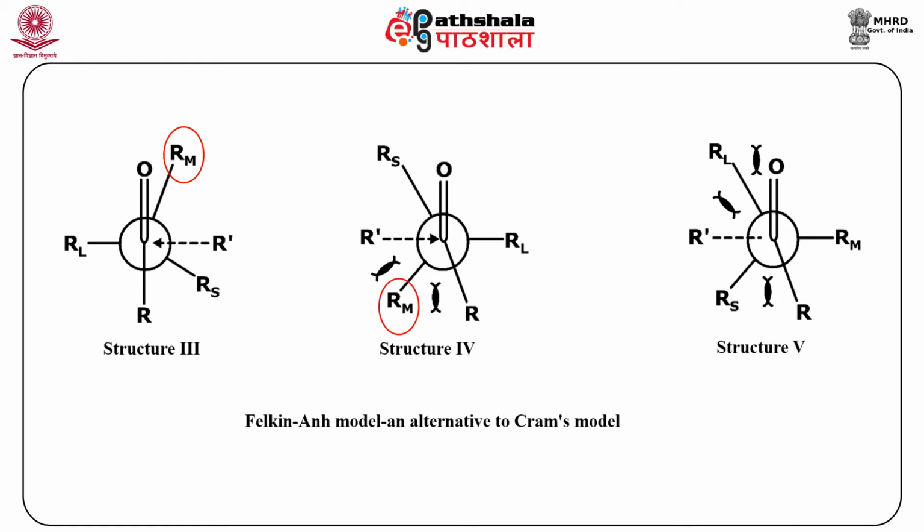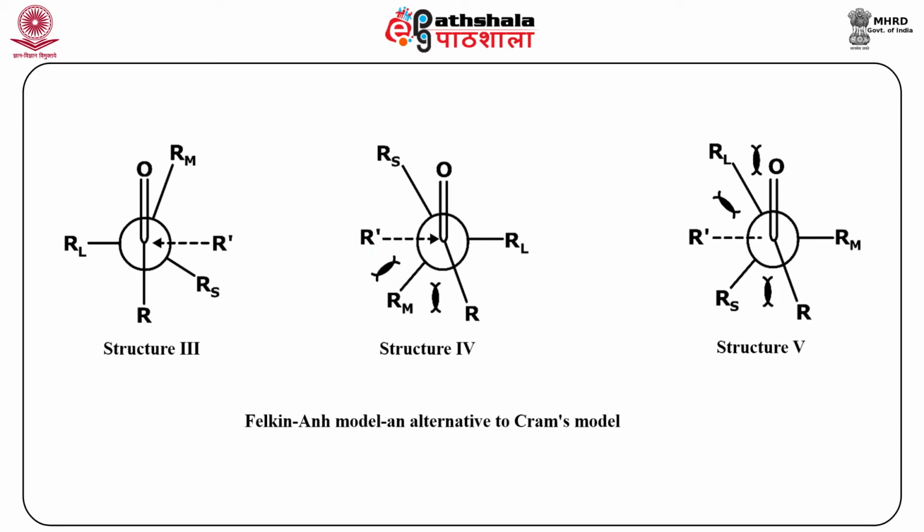Between the two, the first, with medium sized RM opposing the carbonyl group and RS gauche to R', is usually preferred. The non-bonded interactions which involve R' and RS rather than R' and RM, as in structure 4, are thus minimized.